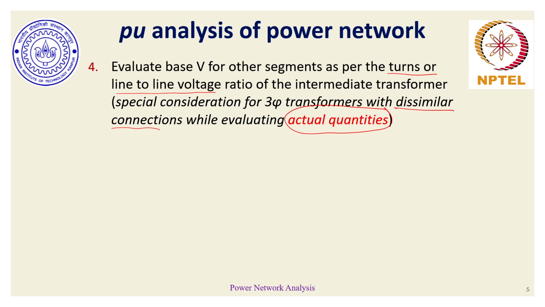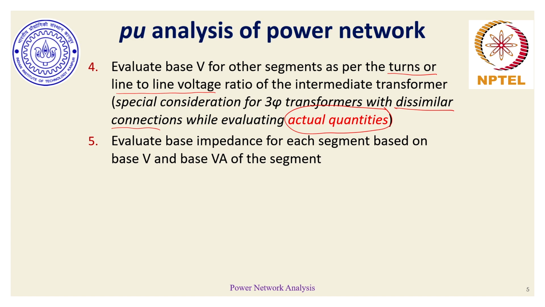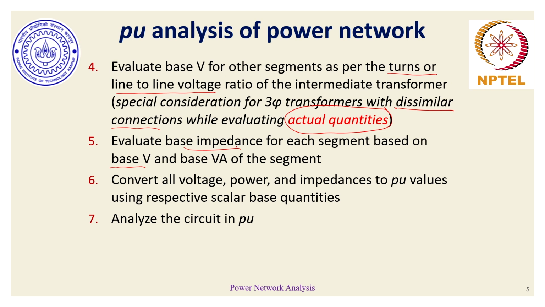voltages for different segments. Having defined the base voltages for different segments, one can then evaluate the corresponding base impedance and corresponding base current if required, convert the corresponding voltage, power, and impedance of a given segment with respect to the base values of that segment into per unit values, and analyze the circuit in per unit by using Kirchhoff's current law, voltage law, or any other network theorem which is convenient or applicable.